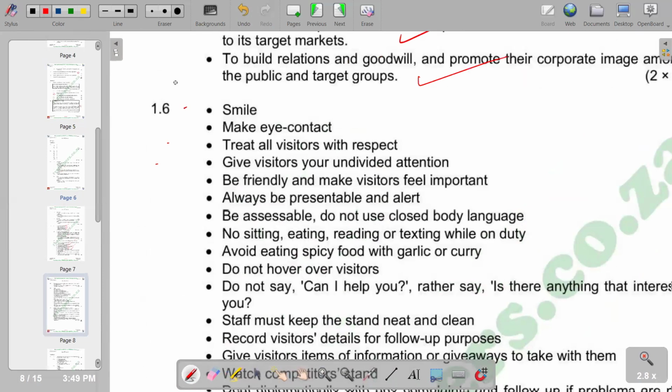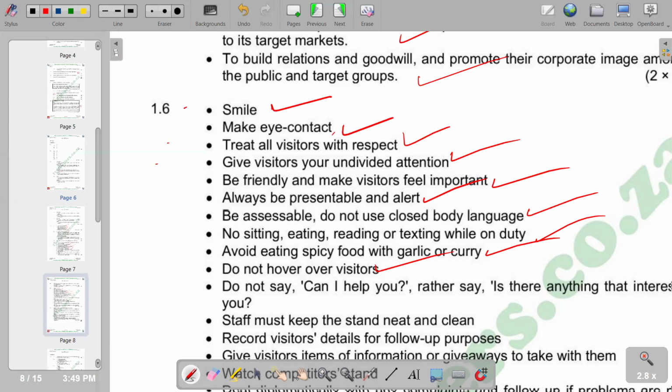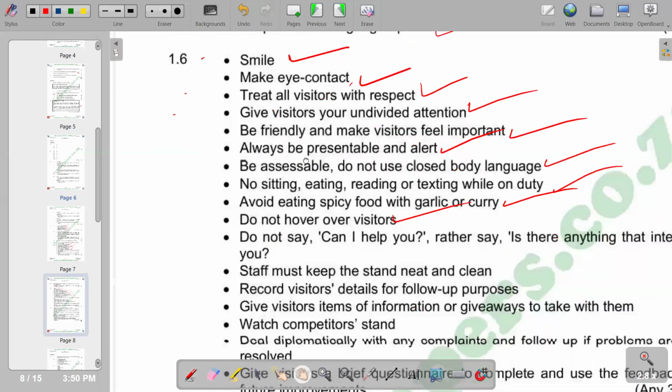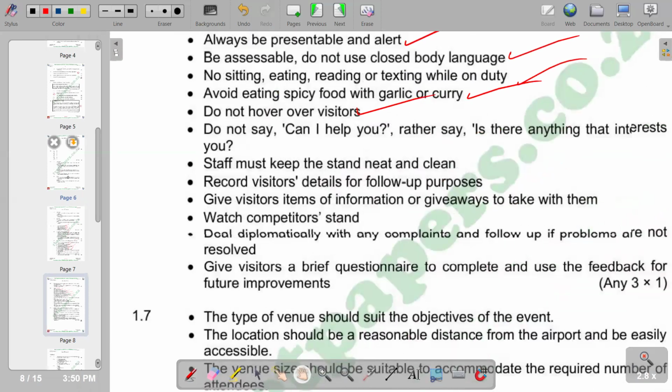And also make eye contact, treat all visitors with respect, give visitors your undivided attention, be friendly and make visitors feel important, always be presentable and alert, be accessible, do not use closed body language, no sitting, eating, reading, or texting while on duty, avoid eating spicy food with garlic or curry. Do not hover over visitors. Of course, there are further points we can also include. So this is all we have in terms of 1.6.